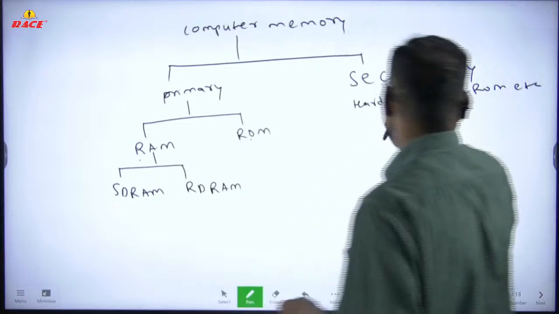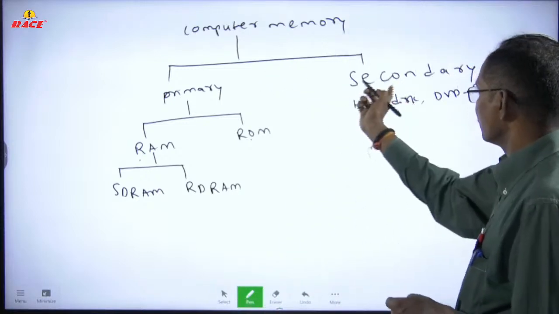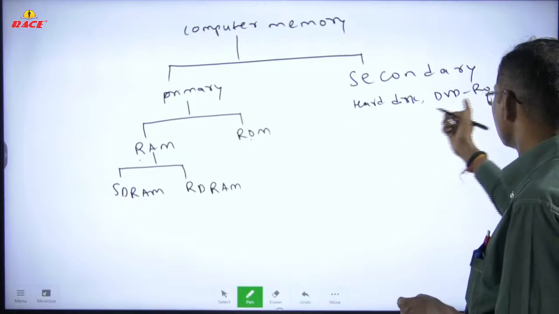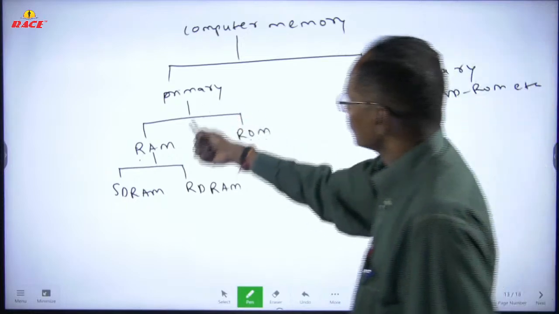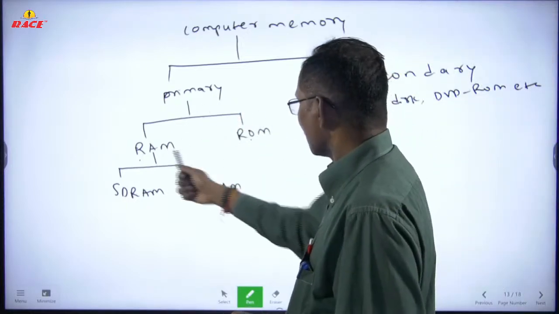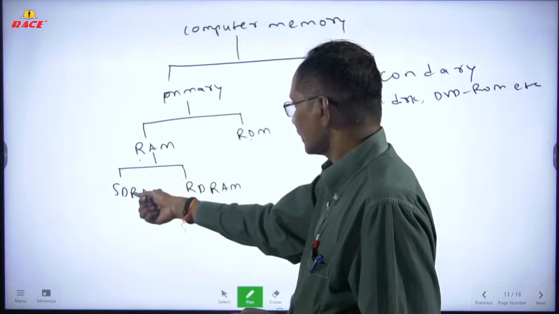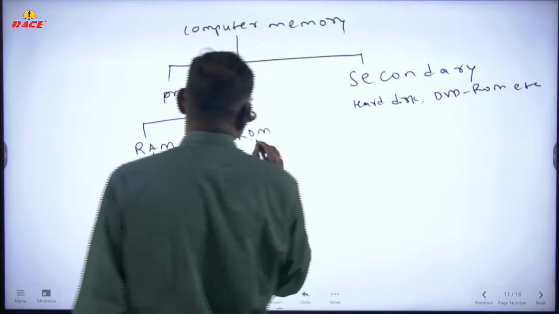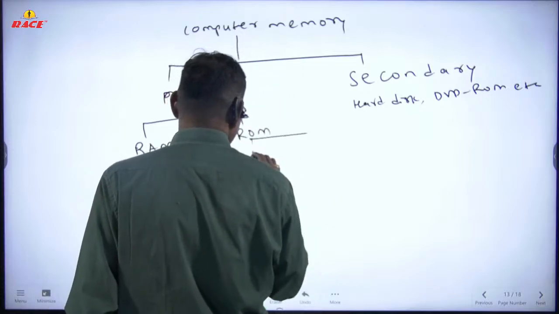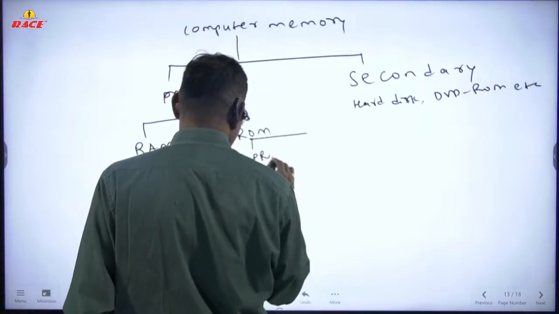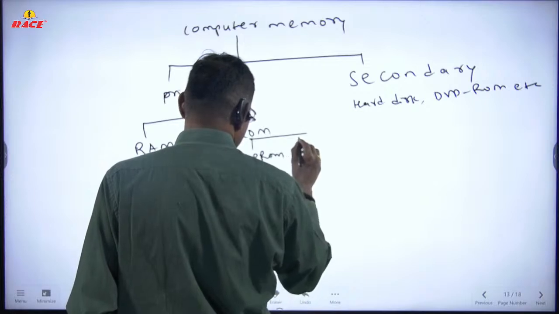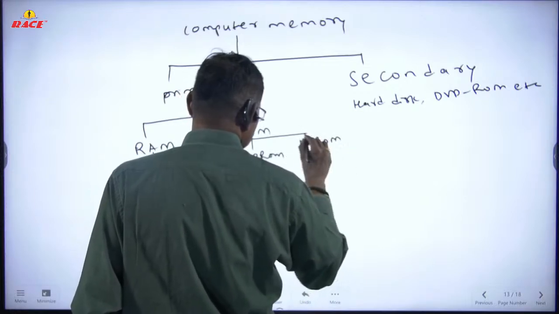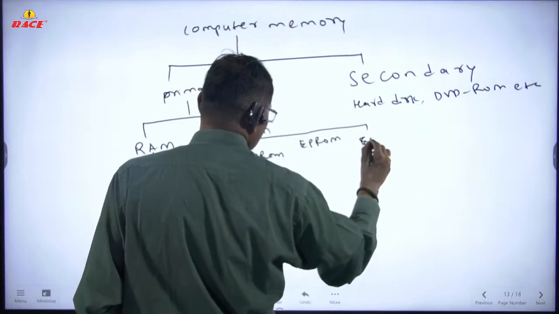Next, memory is divided into primary memory and secondary memory. Secondary memory has hard disk, DVD drive, etc. Primary is divided into RAM and ROM. Again, RAM is divided into static RAM and dynamic RAM. Again, ROM is divided into many types: PROM, EPROM, EEPROM.